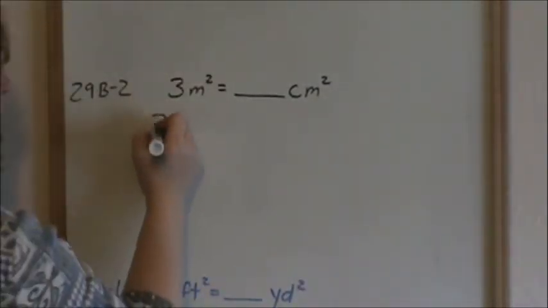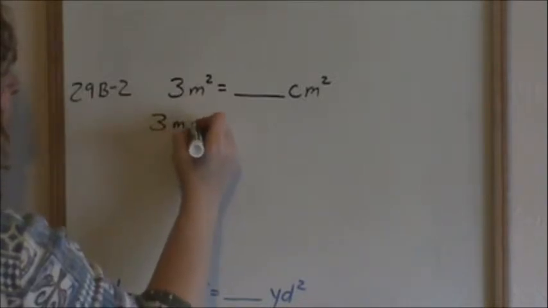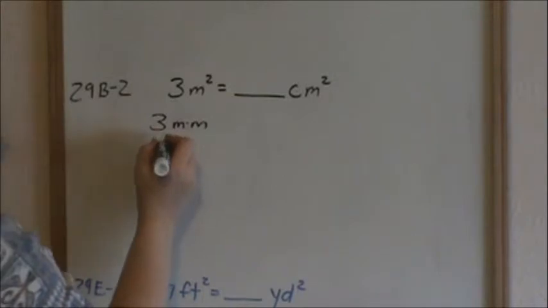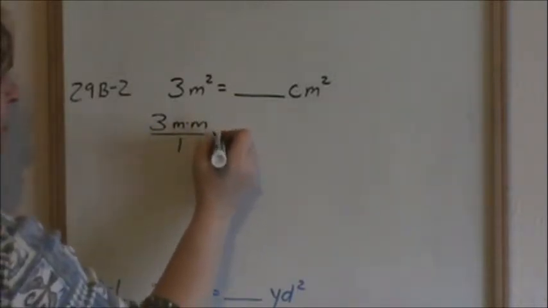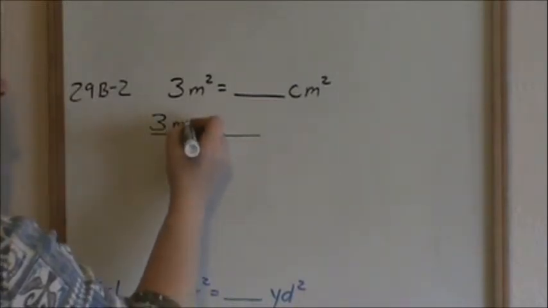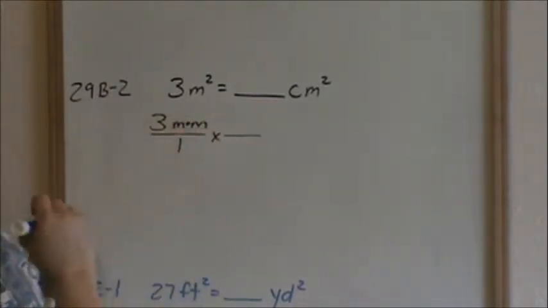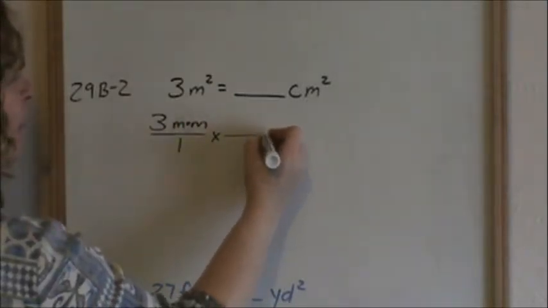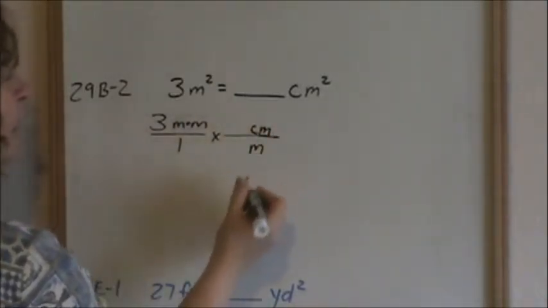So we're starting out with 3, and I'm just going to write it as meters times meters. Meters times meters is square meters. I'm going to make that into a fraction. I'm going to multiply by a conversion factor. I'm trying to get rid of meters, so that needs to go in the denominator, which means the centimeters needs to go on the top.